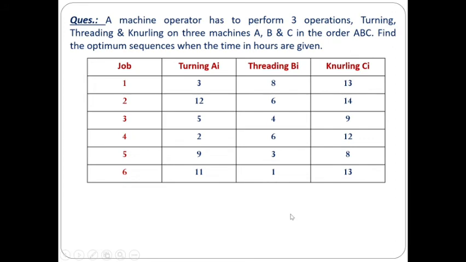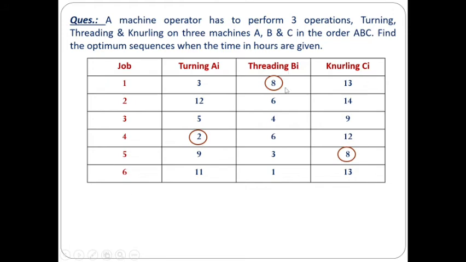What we have to do is, first we have to check the conditions. For that, we have to find the minimum processing time in the first machine, which is 2. Then the maximum processing time in the middle machine, which is 8. Then the minimum processing time in machine C. So the minimum in the first and last machines, and the maximum in the middle machine.